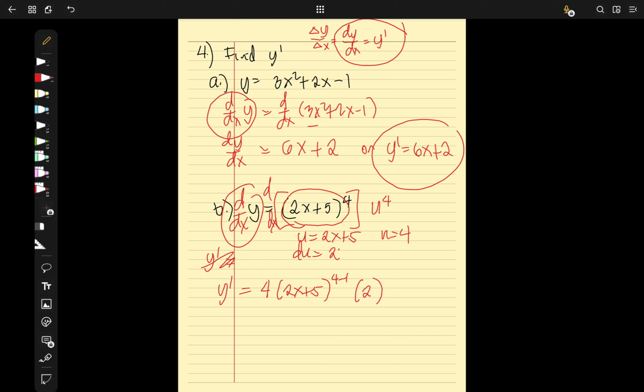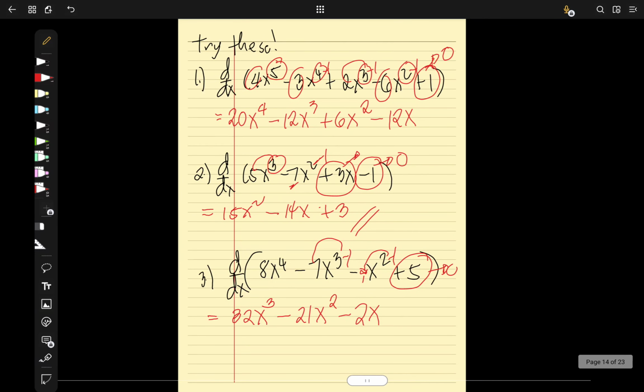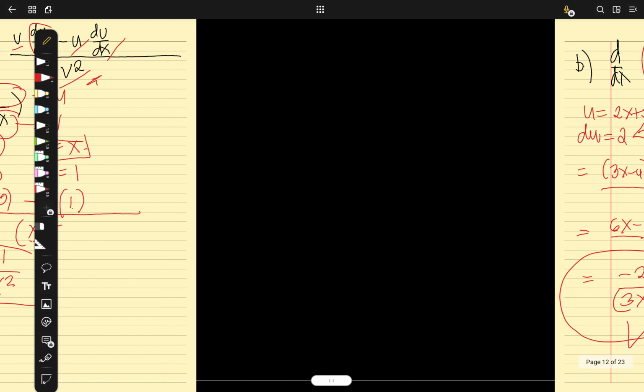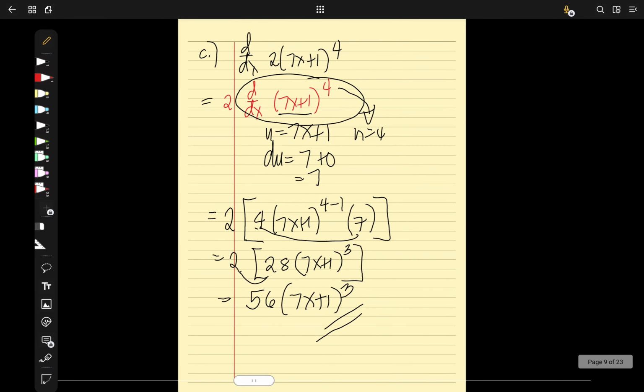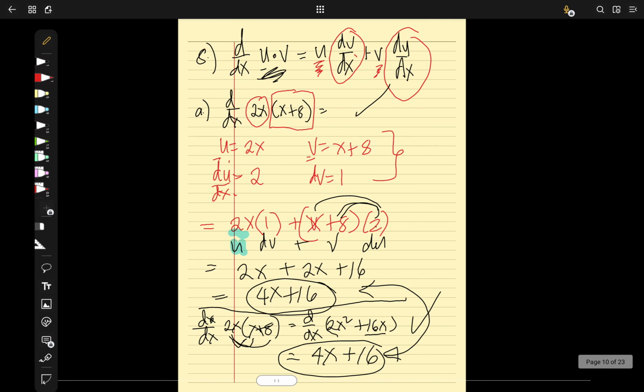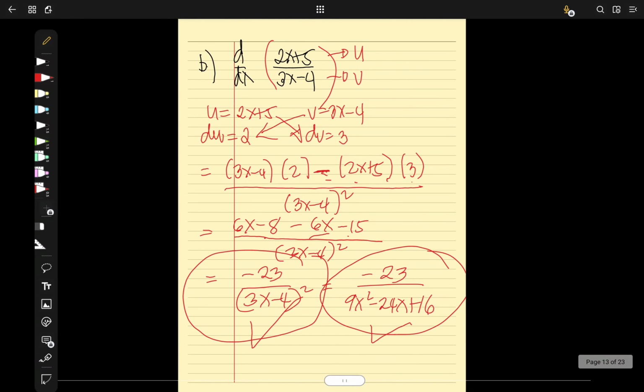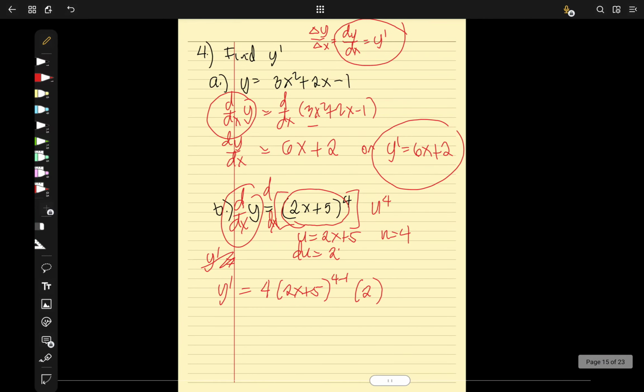Dapat maalala nyo siya, nandun sa ating last lessons. Balikan nyo yung video natin tungkol dyan para sa formula ng u raised to n. So now let's simplify. y prime is equal to 4 times 2 is 8 times (2x plus 5) raised to 4 minus 1, 3. And that is your answer.